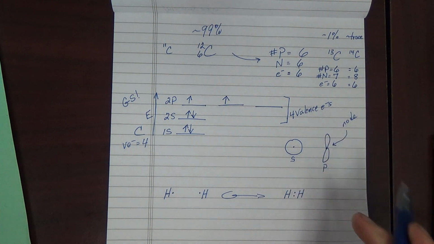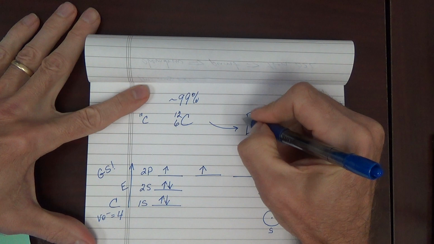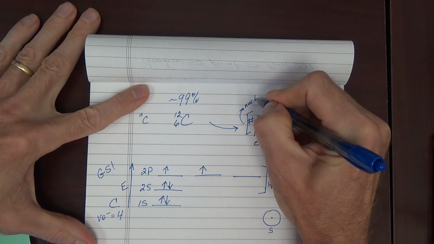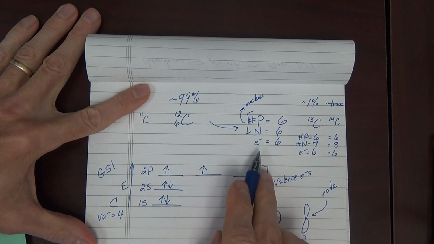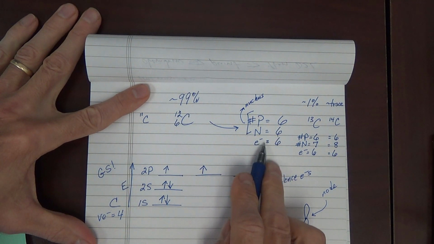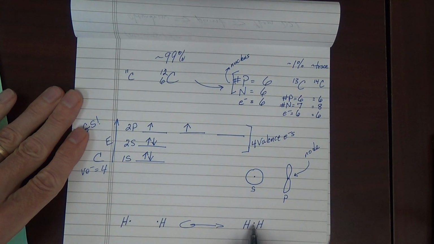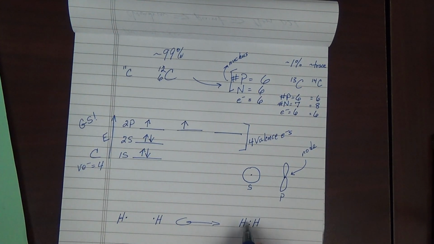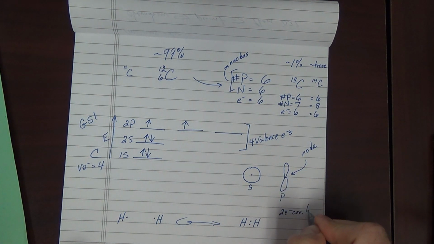Of course, protons and neutrons are in the nucleus, right? And then the electrons are extranuclear, outside the nucleus. So the H represents the nucleus, the electrons are outside the nucleus, but they can team up and create a 2-electron covalent bond.